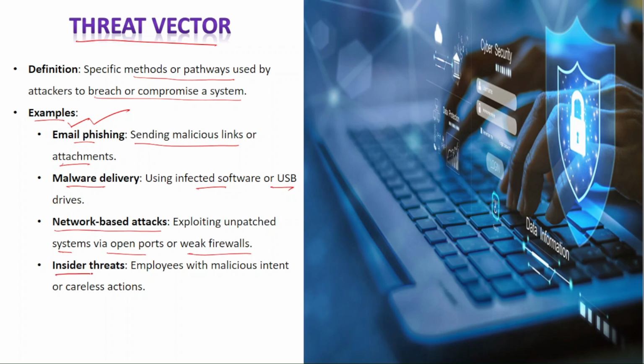Similarly, there are insider threats, employees with malicious intent or careless action. So these are your internal employees who have legitimate access to your system and data, but they can also be threat vectors. They may be threat vectors for other organizations or for nation state actors.